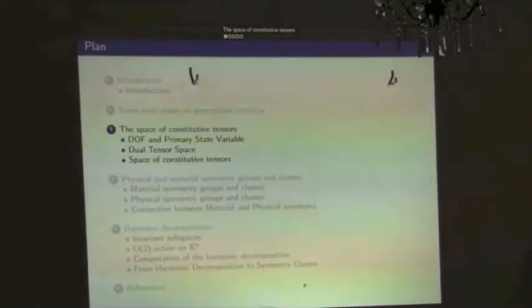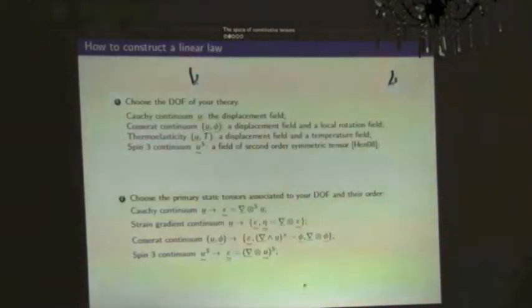Okay, so here it will be very quick. It's a kind of recipe cookbook on how to construct a linear theory following the process of Tonti and Nerol.